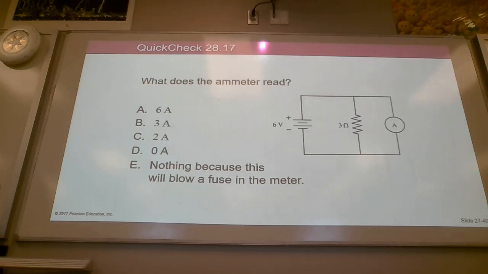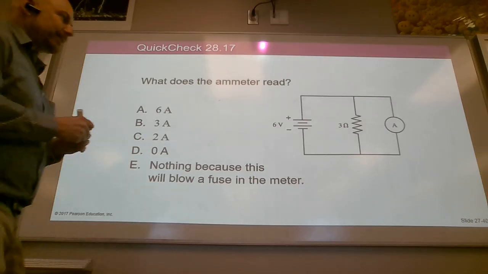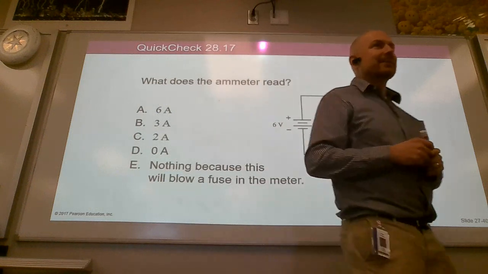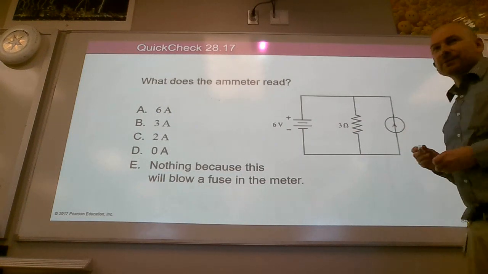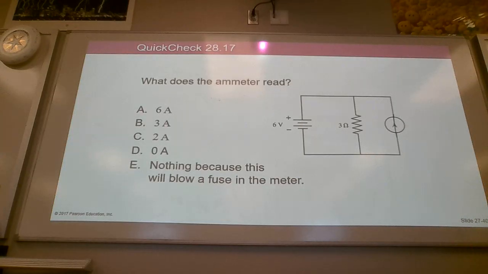Okay, correct answer is E. Does that make sense? You've got really low resistance. Let's say, just for kicks and giggles, it's just a wire. What we've created is a short circuit.